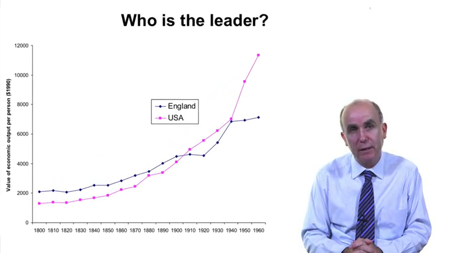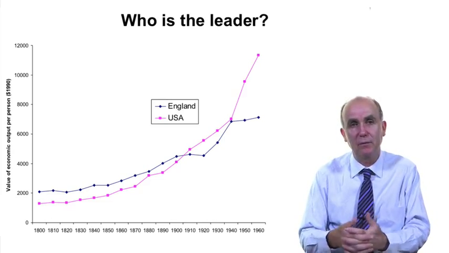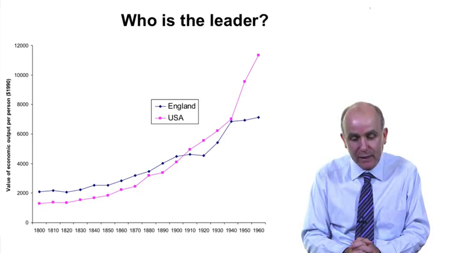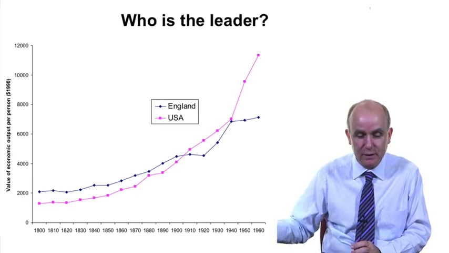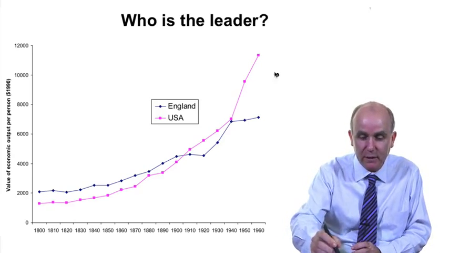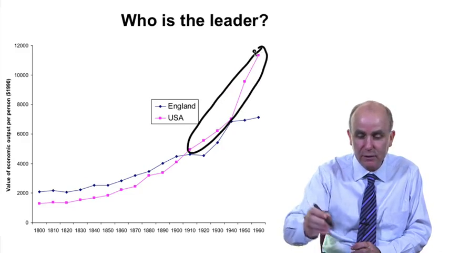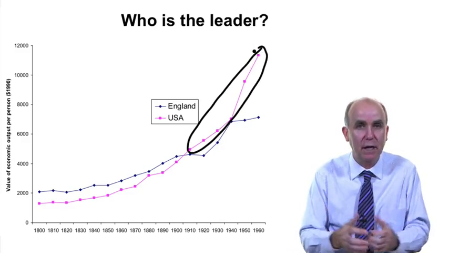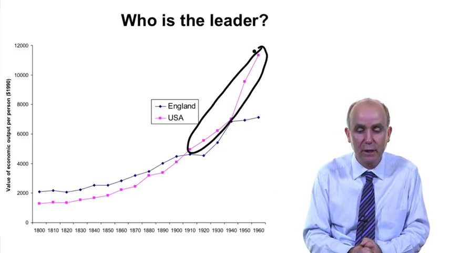Primarily from the period immediately after the Industrial Revolution up to the start of the 20th century, late 19th century, England was the leading country in terms of the value of economic output per person that it produced.